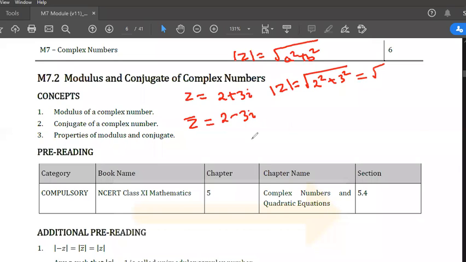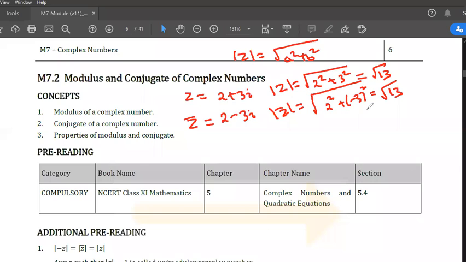Okay, very good. Now what is mod of z bar? Just think about this. This is also the same. 2 square plus minus 3 square, which is again root 13. Yes or no?